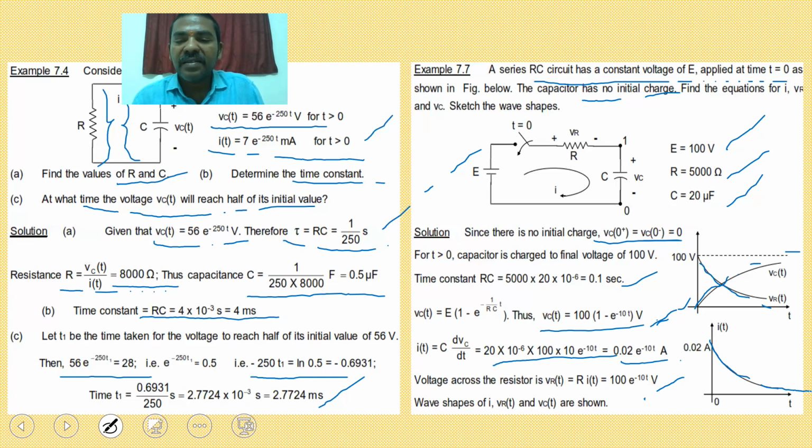The voltage drop across the resistor is also e power minus 10t with some magnitude. Are you understanding? So it is exponentially decaying, but the voltage drop across the capacitor is 1 minus e power minus 10t, so it is exponentially increasing. Like this you have to plot the voltage drop across the resistor, the voltage drop across the capacitor, or any currents in the circuit.